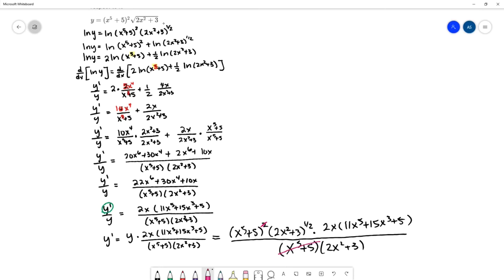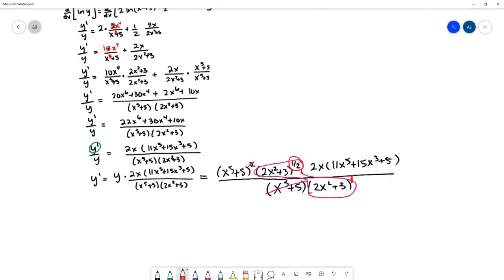And when I combine these two factors of 2x squared plus 3, I'm going to subtract those exponents. 1/2 minus 1, so this exponent, and this is an exponent of 1. 1/2 minus 1 is negative 1/2. So the negative tells me that factor is going to be in the denominator. So I have a factor of 2x squared plus 3 in the denominator raised to the 1/2 power.